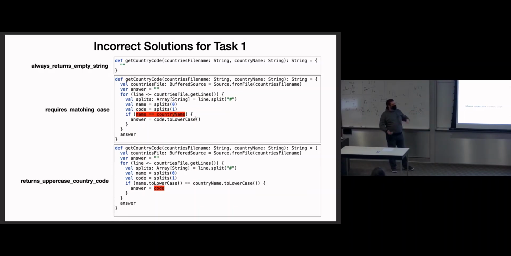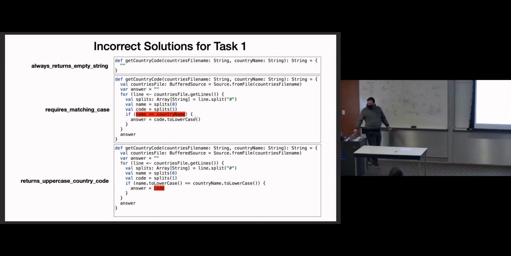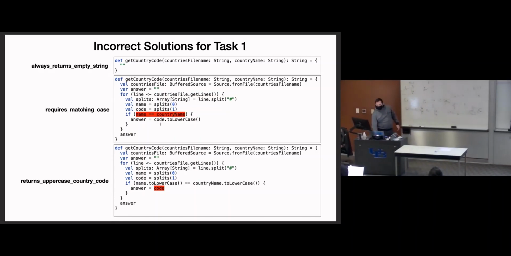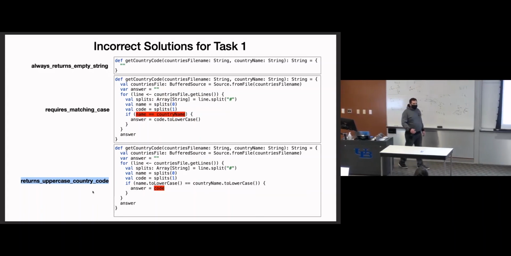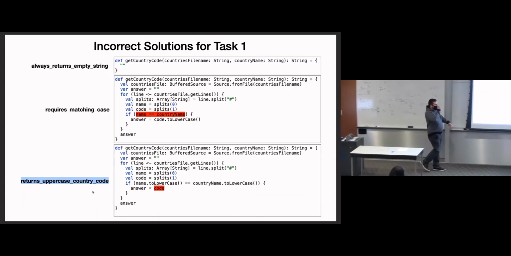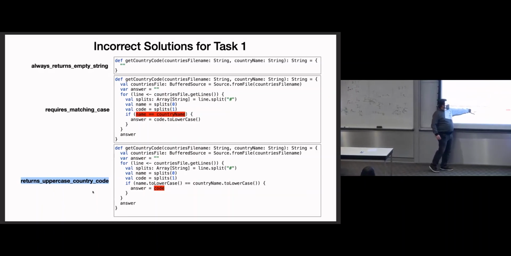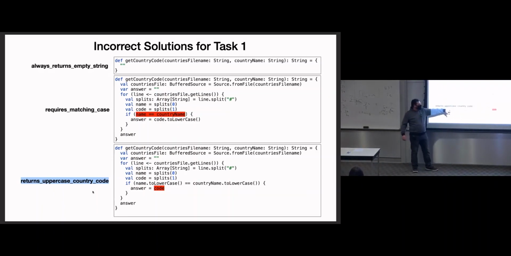This is going to come back in task 2. We got one of these in task 2 as well. Requires matching case. Make sure you're mixing up your upper and lower case. And finally, returns uppercase country code. This one ends up being a gimme as well. If you have at least one test, you're going to fail this incorrect solution, which is what you're supposed to do.